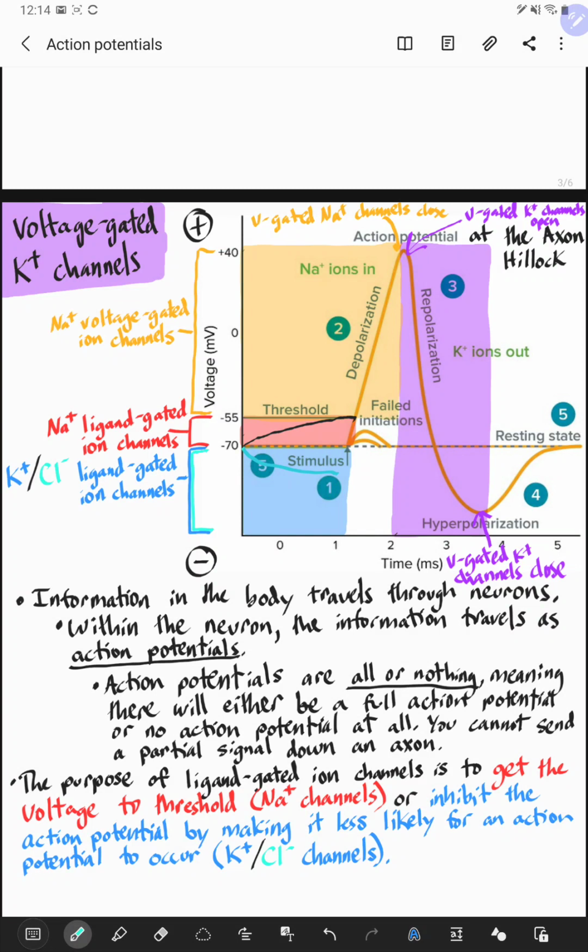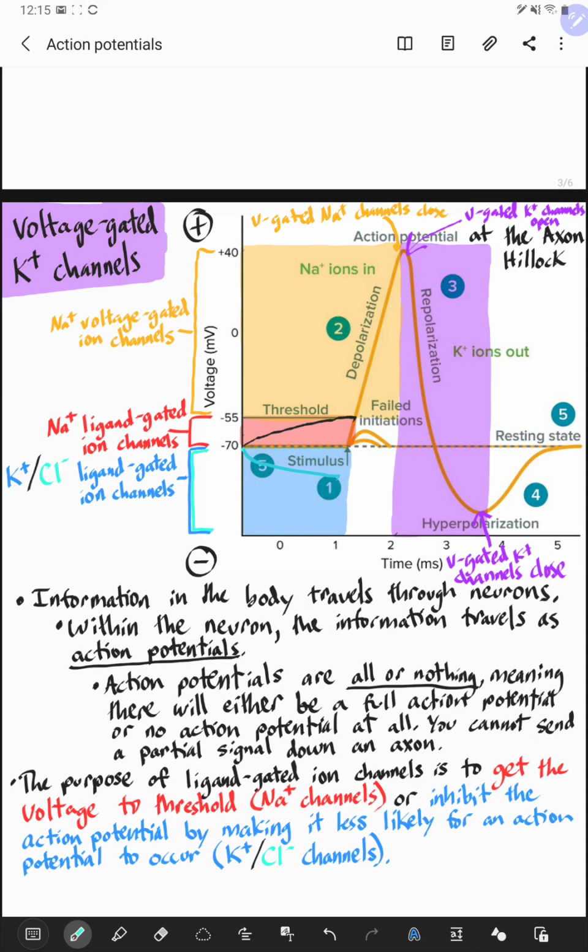And let's look at this value right here, the threshold. Let's look at where that's located. That's at negative 55, where the resting membrane potential is at negative 70. So if we're at negative 70 and our goal is to get to negative 55 in order for an action potential to occur, notice that when the cell becomes more negative, we are getting further from threshold.